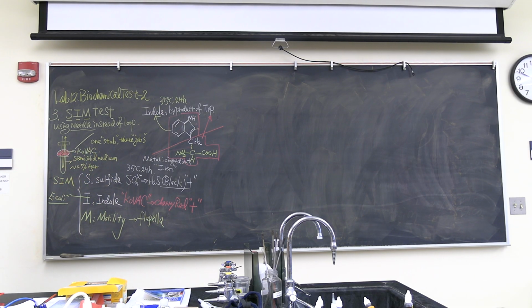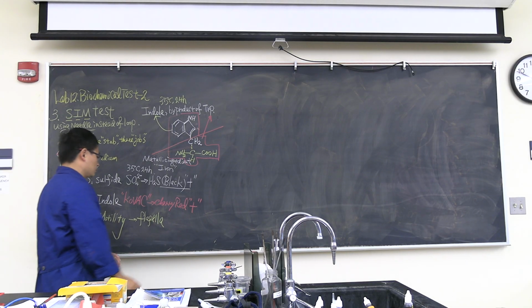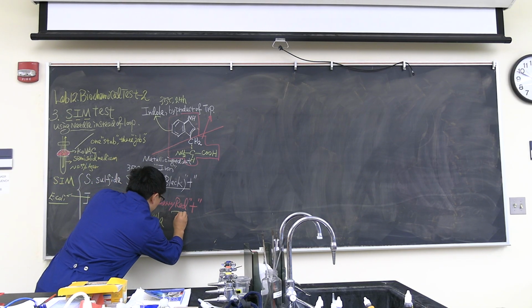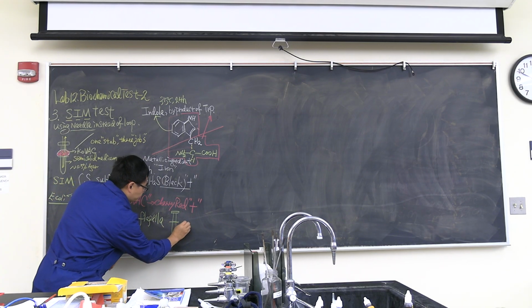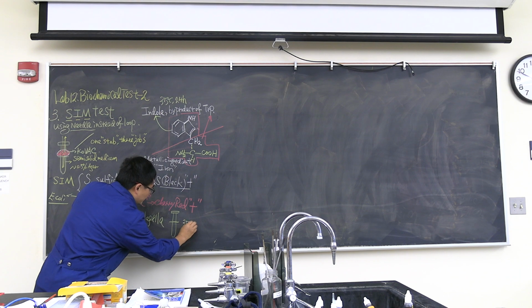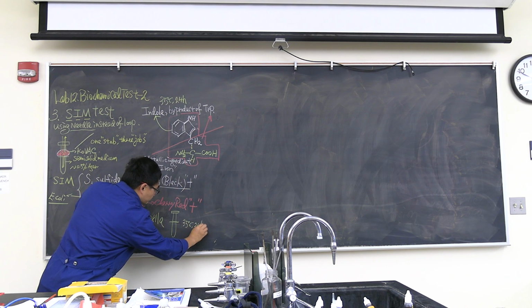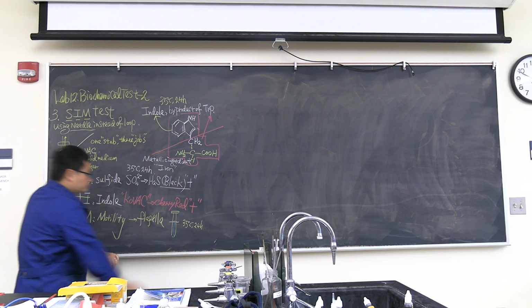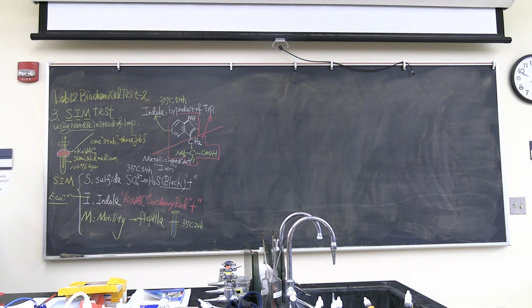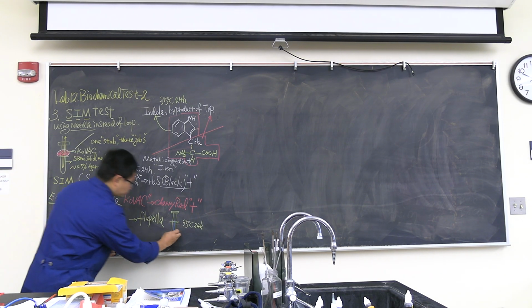So the motility test is relatively straightforward. After your inoculation, you will see after incubation, 35 degrees Celsius, 24 hours. If the bacteria just stay in the middle, which means there is no motility.